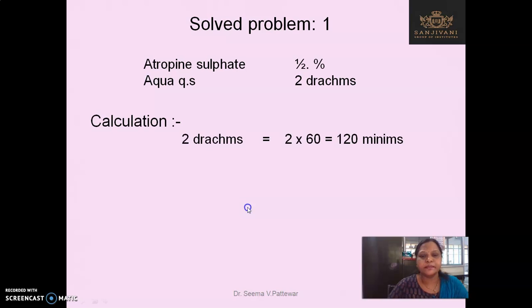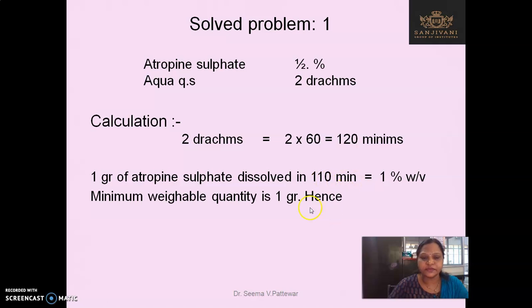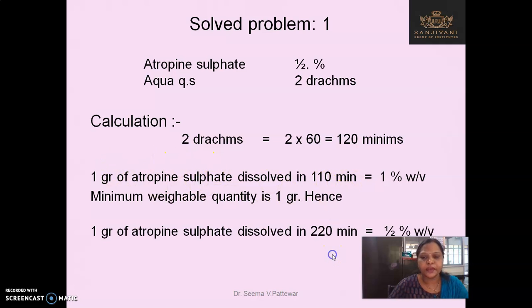See this one example. I have taken this example. Atropine sulfate half percentage and aqua QS 2 drachm. So calculation: 2 drachm means what? 2 multiplied by 60 is equal to 120 minims. 1 grain of atropine sulfate dissolved in 110 minims gives 1% of solution, that is the formula, and hence the minimum weighable quantity is 1 grain.